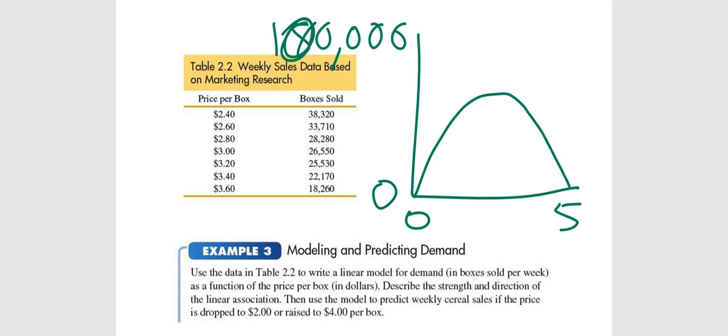A couple different ways you could do it, but do you have any ideas? How do we find that spot at the top? Hey, we could do the calculate maximum feature. That's probably the easiest way to do it right there. Calculate maximum, because then you can just let it do the work for you.